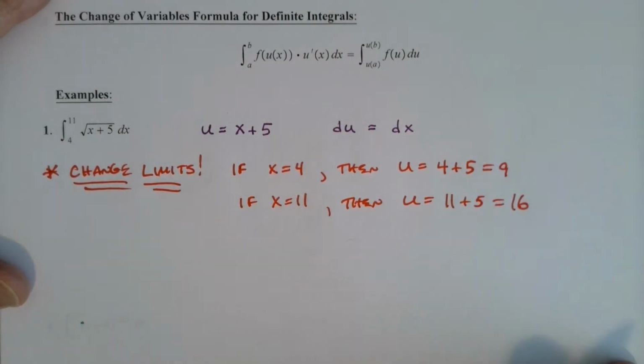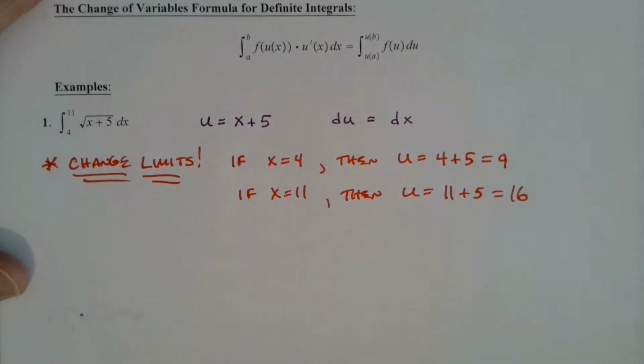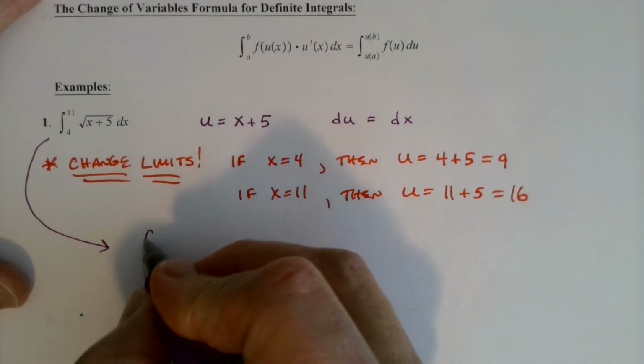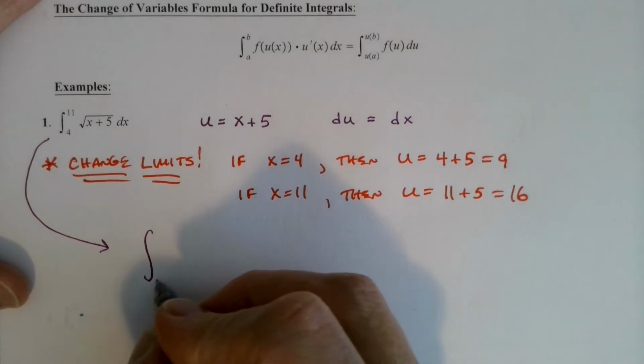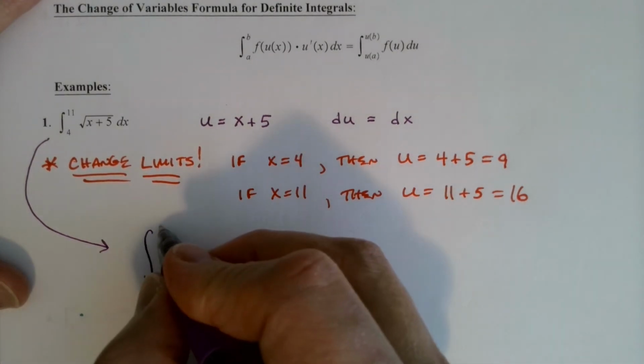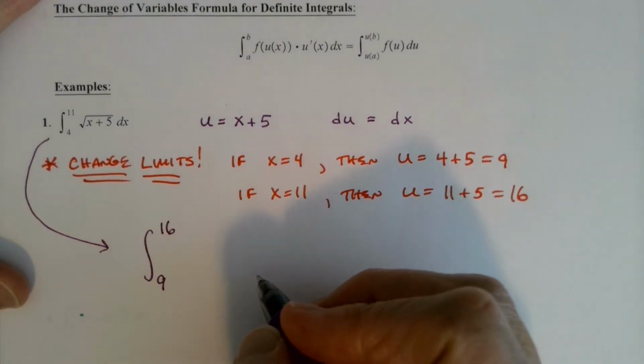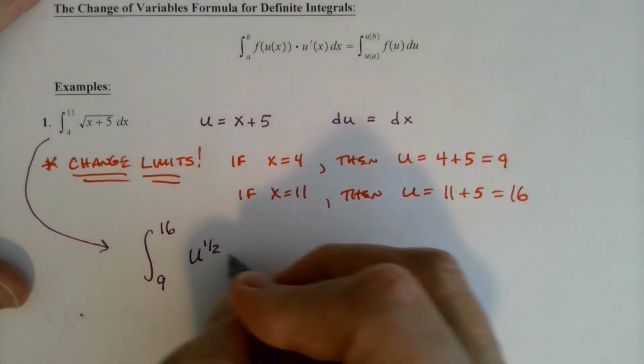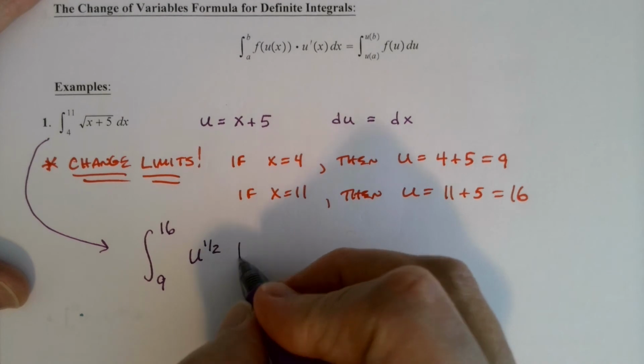These are the new limits in the u variable. So now in the u variable, the limits go from a lower limit of 9 to an upper limit of 16. The integrand is now just the square root of u, or u to the 1/2, and the dx is just the du.